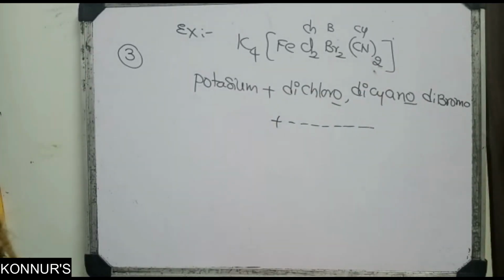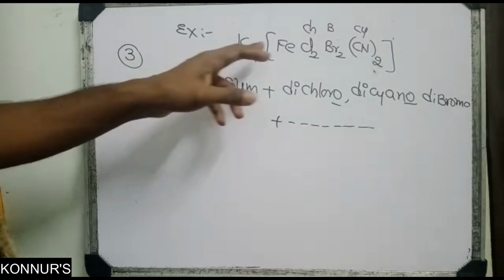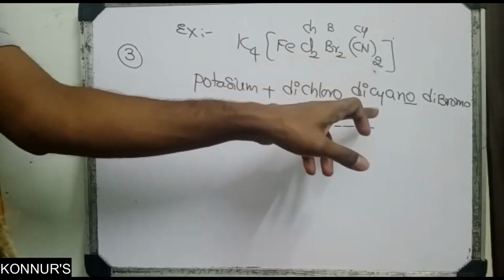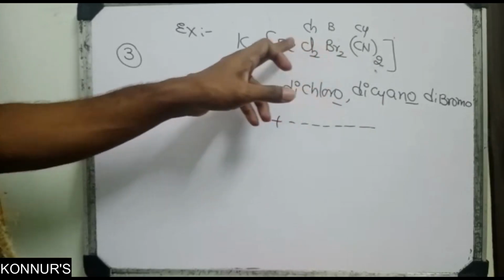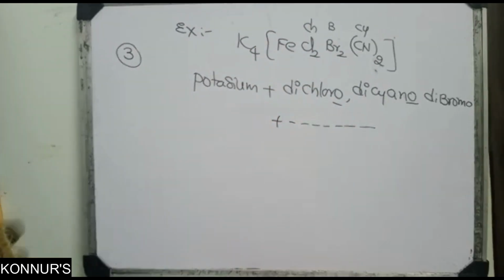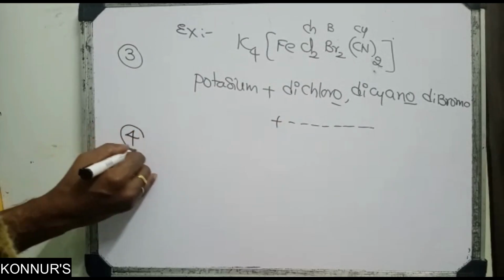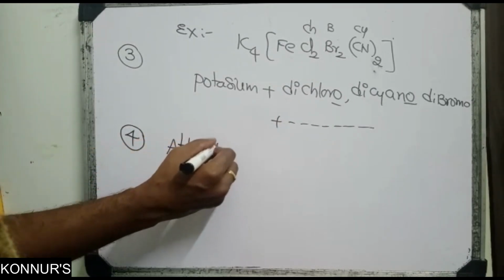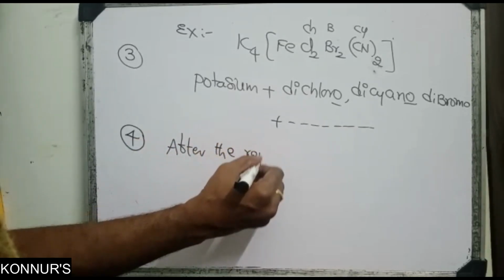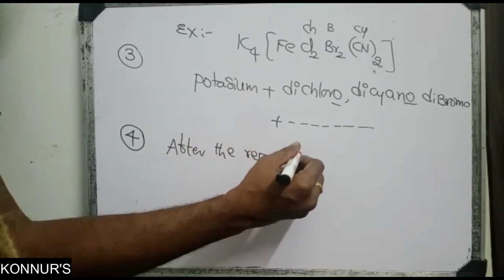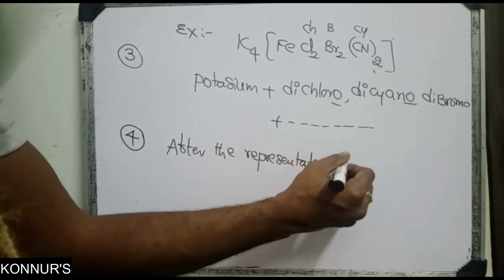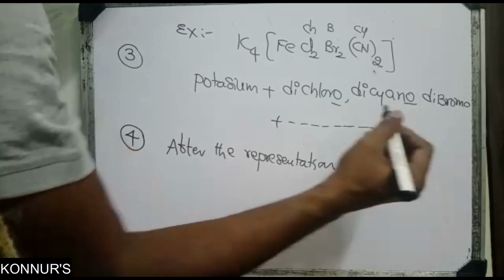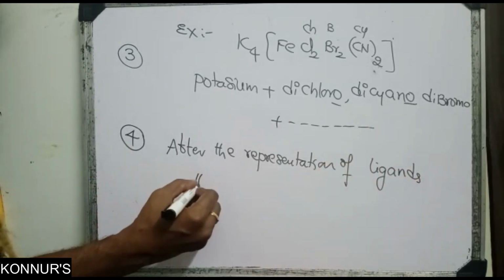First of all, you must write the positive ion. Next, when entering the complex sphere you must concentrate on the ligands. After completion of the ligands, we think about the metal. So next, fourth point: after the representation of ligands, the metal is represented.